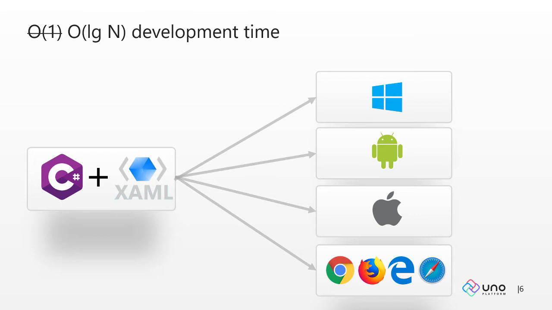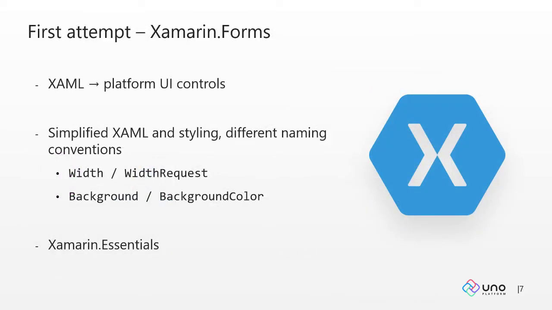And the first attempt at this was made by Xamarin.Forms. It's a XAML-based cross-platform application development framework that's rendering its XAML code using platform-specific UI controls. So on Android, your button will be an Android button.